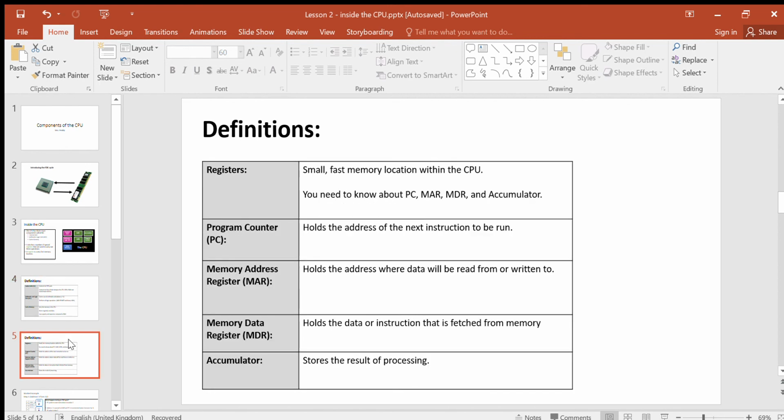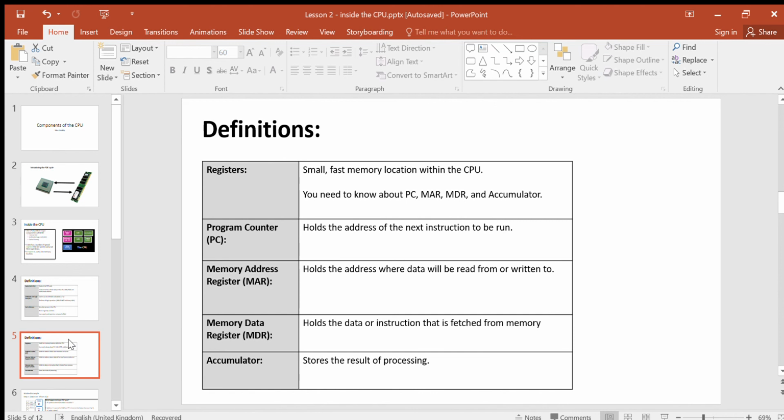So again, moving on to the registers, if you haven't got these definitions anywhere, pause the video now and start to write them down. Please make sure you're learning them. If it was me, I would be getting them written onto some flashcards and getting someone to test me. So we've already said registers are a very small, fast memory location within the CPU.